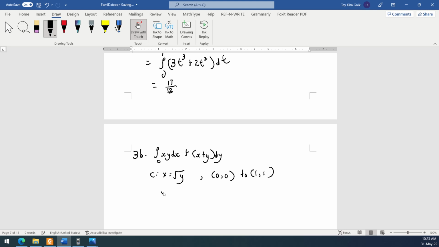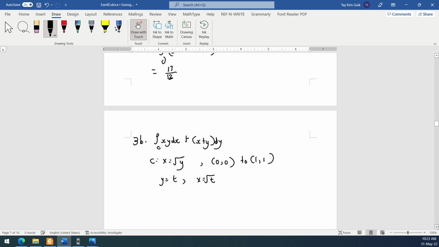If you let y equal to t, then x will be equal to square root of t. So dy will be dt. Remember this is t to the power half, so dx is half, bringing the power in front, and the power is decreased by 1. Half minus 1 is minus half, and then you get dt.